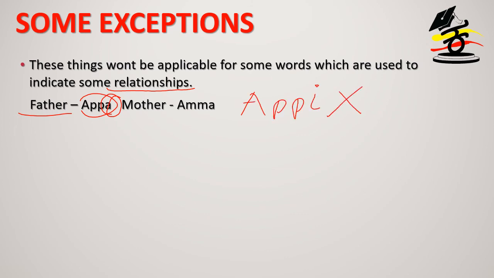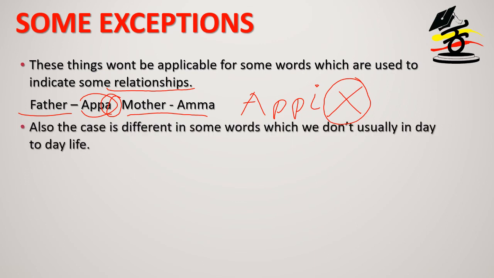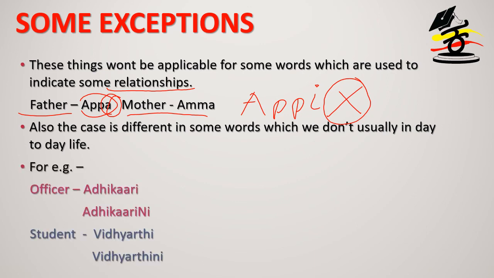This is wrong. The correct word is Amma. So these exceptions exist only in terms of relationships, and there are some exceptions in other fields, but you might not require them. Also, the case is different in some words which we don't usually use in day-to-day life, as I said earlier. For example, officer is called adhikari, right?